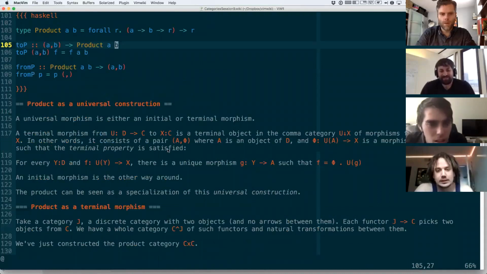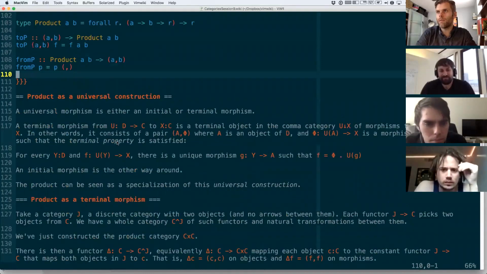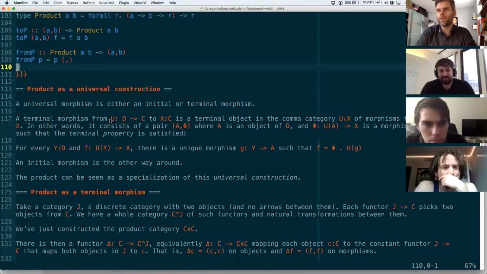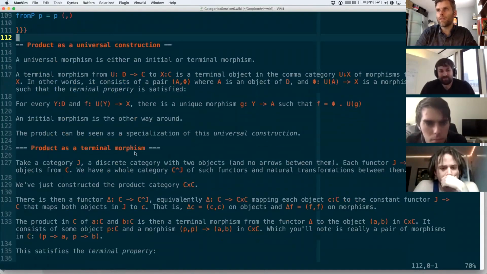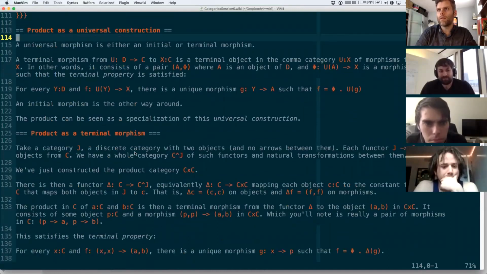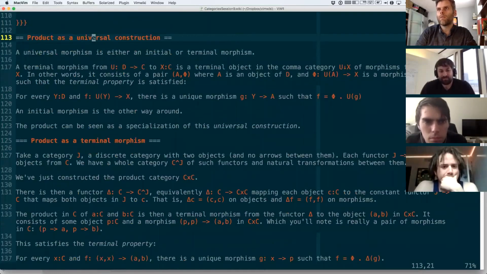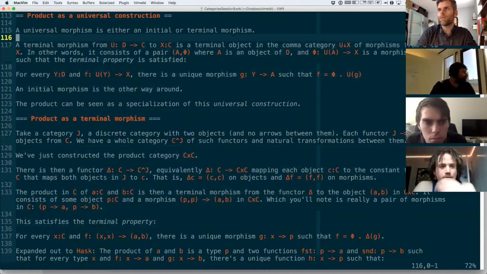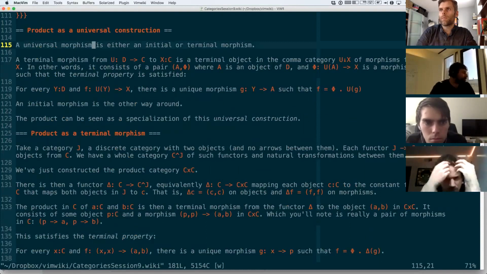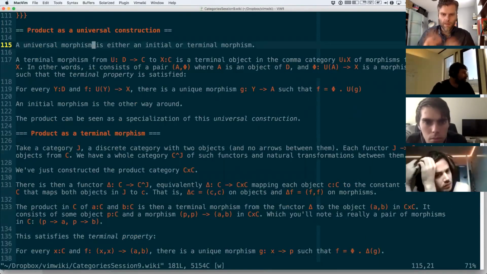Okay, so that's products, and it's an example of a fully abstract category theoretic construction, where we don't need anything other than category theory to talk about it. And I wanted to figure out if I could construct the products from the universal construction. So we've been very hand-wavy about what a universal mapping property means, right?